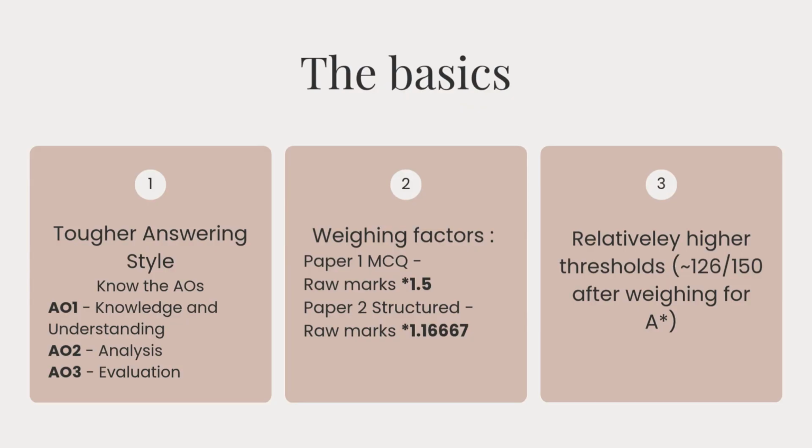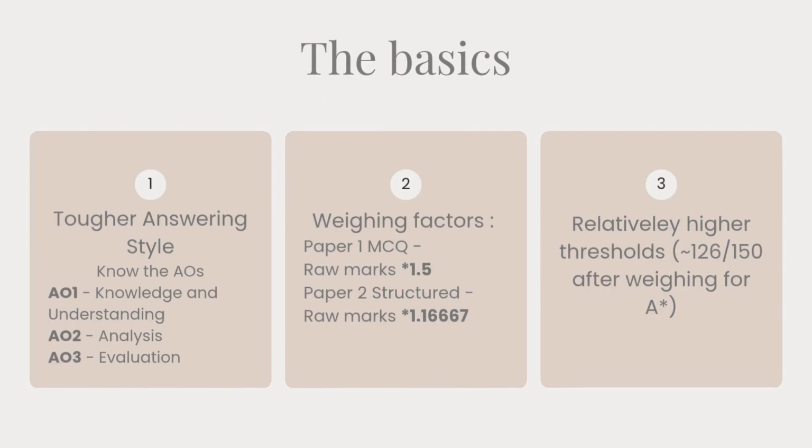So once it's multiplied, the mark that you get is compared to the thresholds, and that's how your grade is determined. And here the thresholds are usually high, which is around 125, 126 out of 150, which is comparatively higher than other subjects, but we can still do this.